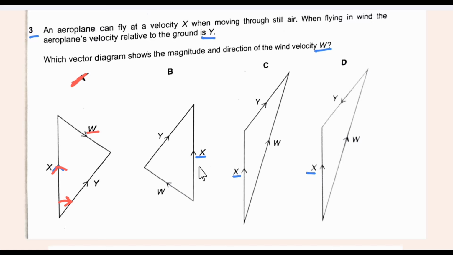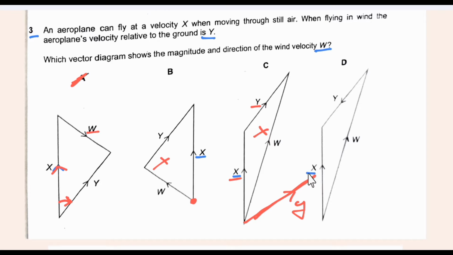For option B, we can see that this is aeroplane x, and from its initial position it cannot be displaced by a large amount to y, so this is wrong. In option C, if it is just displaced from the initial position to a position parallel to this line, that is y, then we cannot form a vector triangle, so this statement is also wrong.